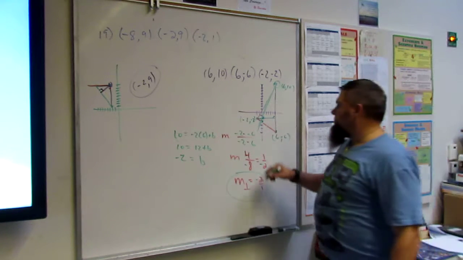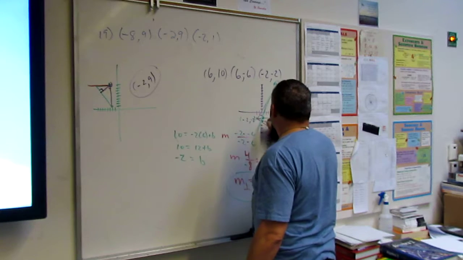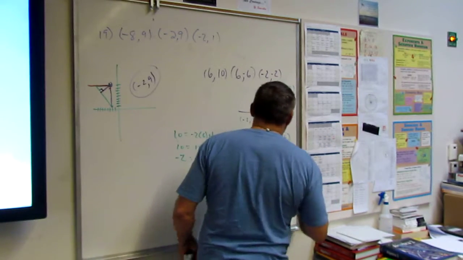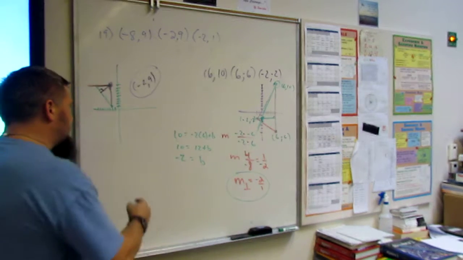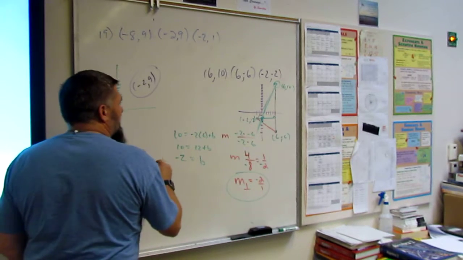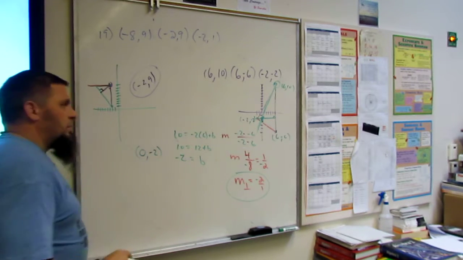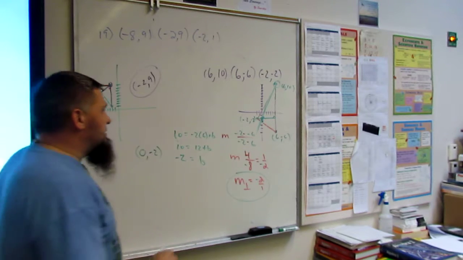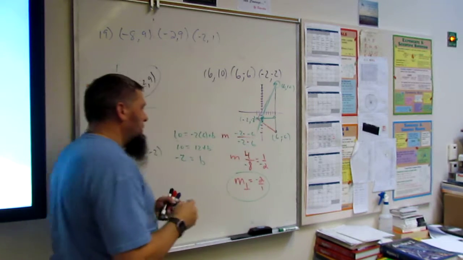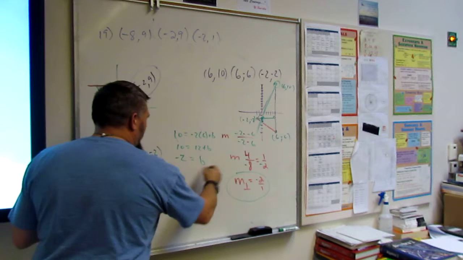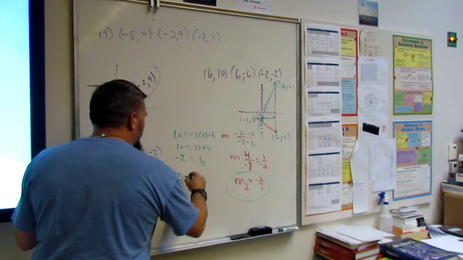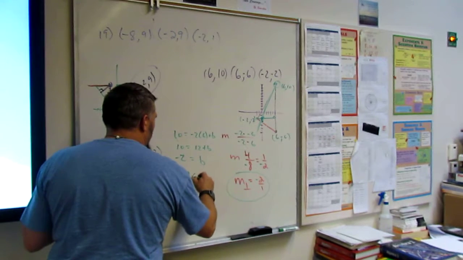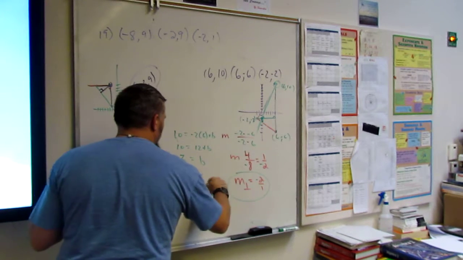And so what we want to do is we're noticing that it's intersecting right there at 0, -2, because these two intersect right here. Now, if I wrote this equation, it would be y is equal to -2x minus 2.